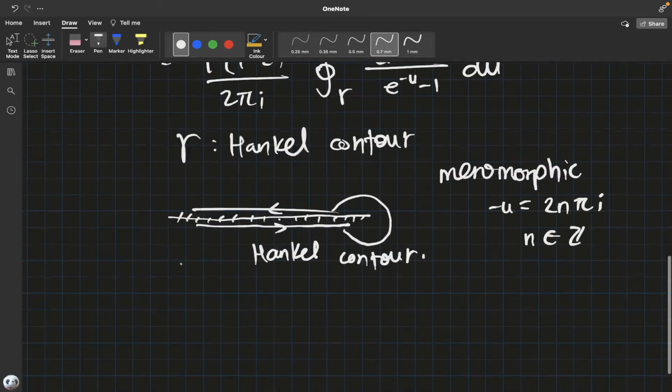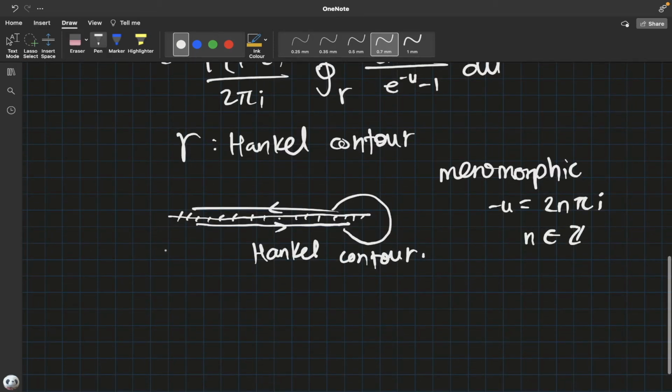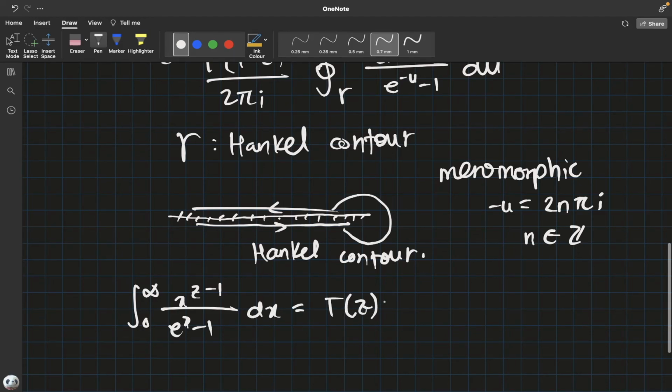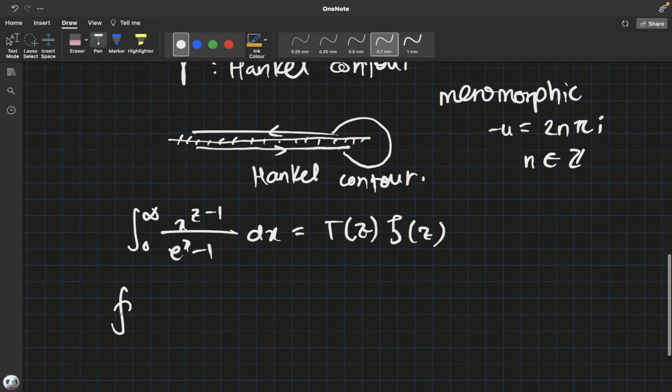This is really useful because we already know that this is gamma of z times the Riemann zeta of z. So we integrate on the Hankel contour again.